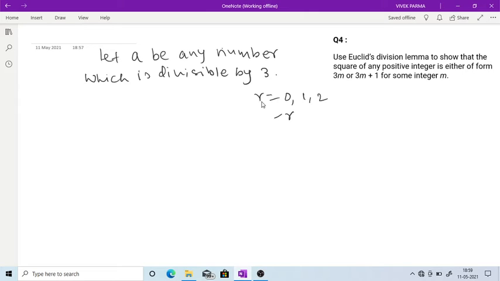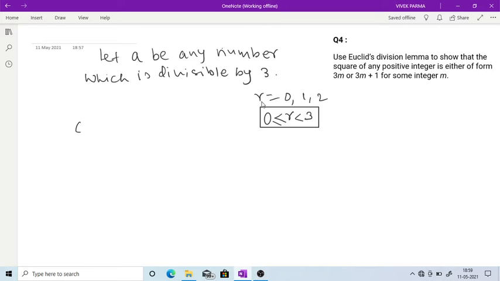As we know, the remainder is greater than or equal to 0 but less than the divisor. So here we will take a case for each remainder.